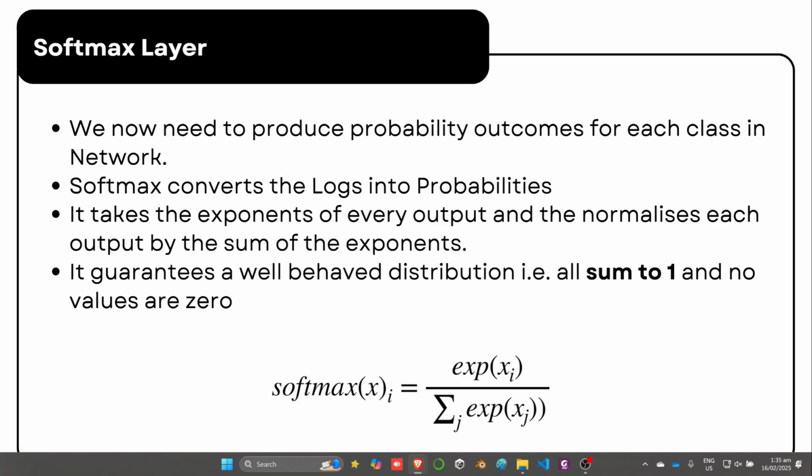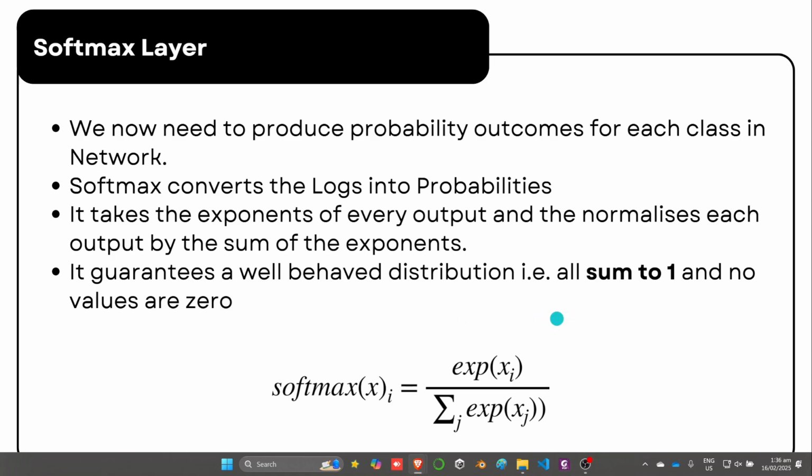So the softmax converts the logits into probabilities. When I say logits, I mean the actual outputs. We take exponents of each output and normalize each output by the sum of the exponents. And that guarantees that it will all sum to 1 and no value is actually 0.